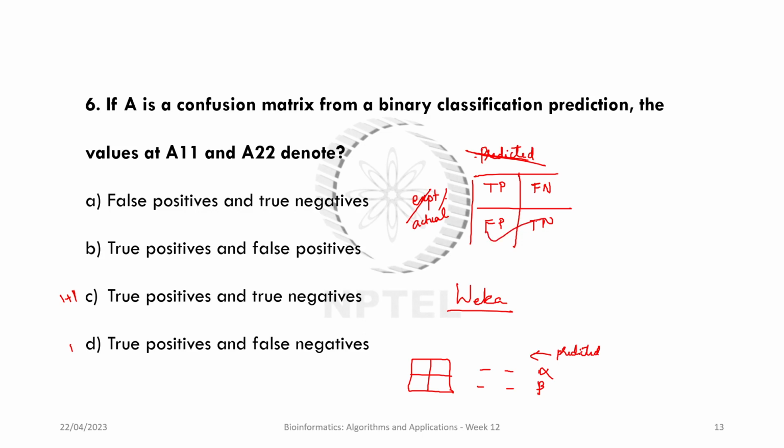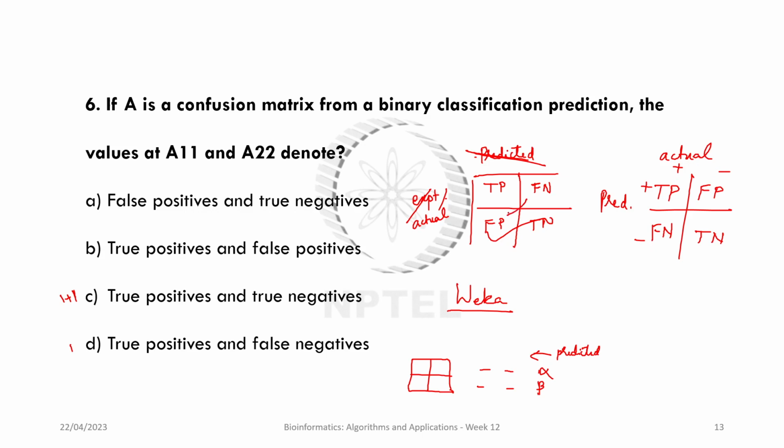I mean it is still correct for this matrix. So if I had predicted on my left axis and actual on the other axis, so predicted positive, negative, actual positive, negative will be true positives, true negative, and here predicted as positive, actually negative will be false positive, predicted negative, actually positive will be false negative.